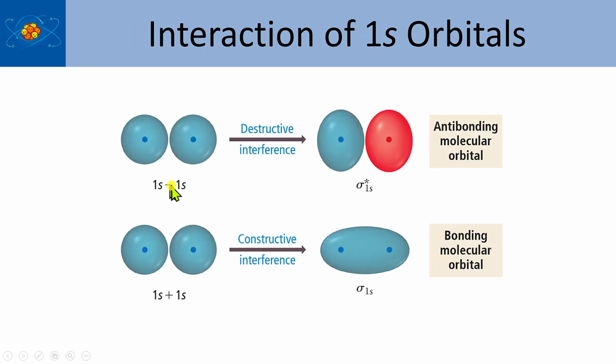So let's look at the interactions between the two hydrogen atoms in more detail. Now remember, these are wave functions, and so if I think about what these look like on a graph, I have two wave functions that look like this. And then what I do is I bring the two wave functions together so that they overlap in the middle.